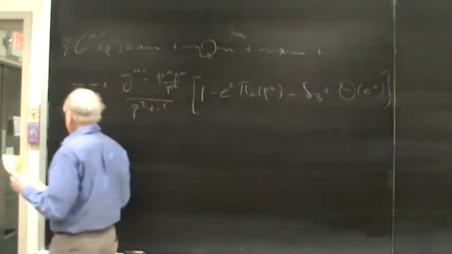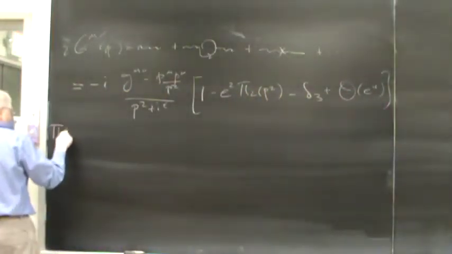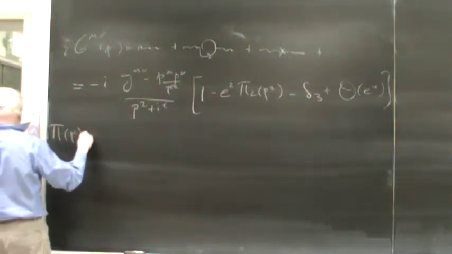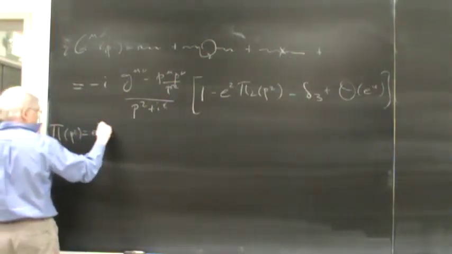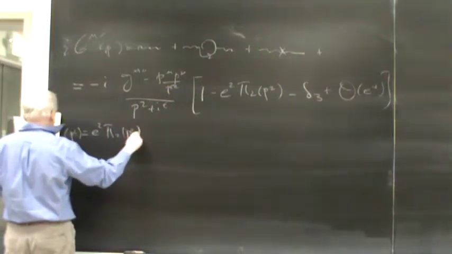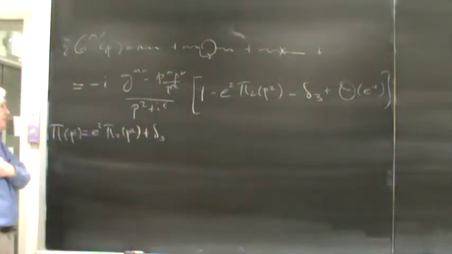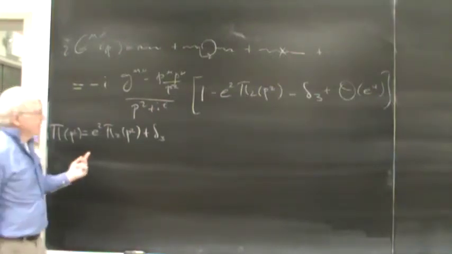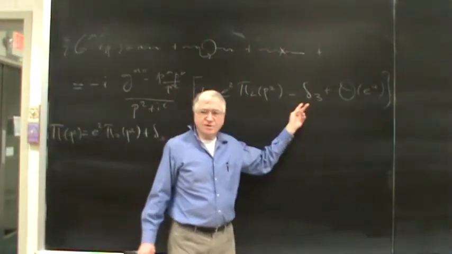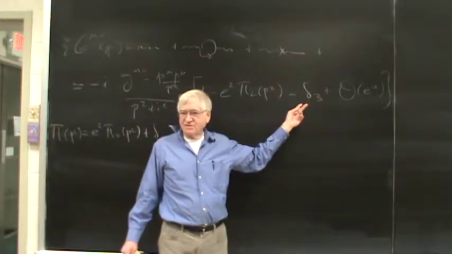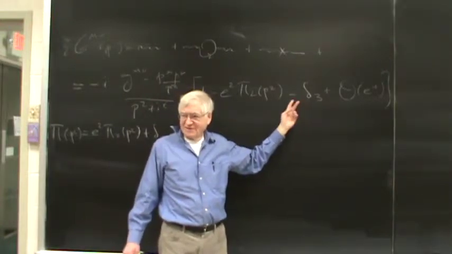Now we're going to define Pi of P squared to be e squared Pi 2 of P squared plus delta 3. Now notice what we've done here. By combining these two, we're going to be canceling the terms that are of order 10 or 20 or 30 or whatever.